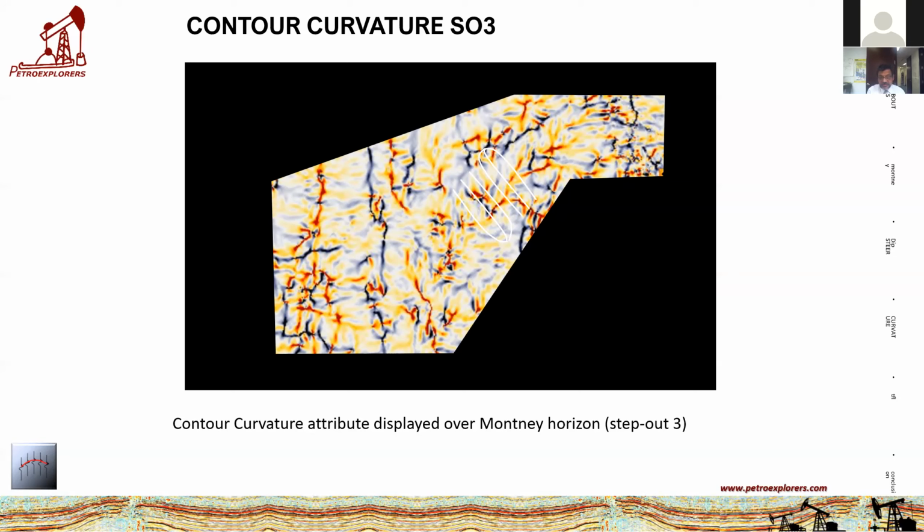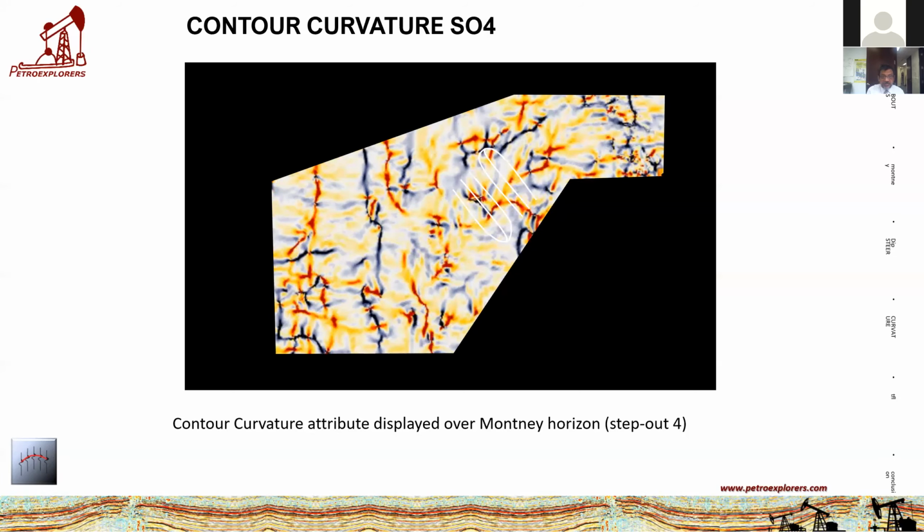So at different step outs, like step out 4, step out 5, you then see the larger areas of the change in depth. You can call it a change in the depth along the strike, but change in the depth.